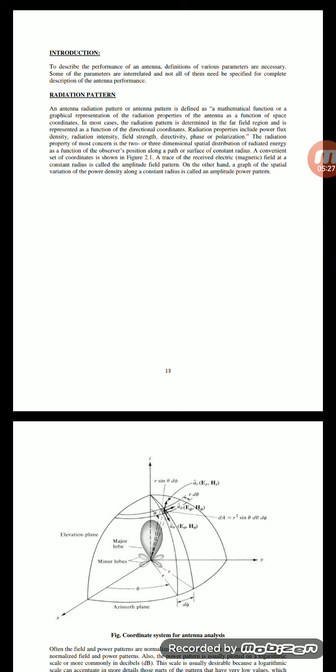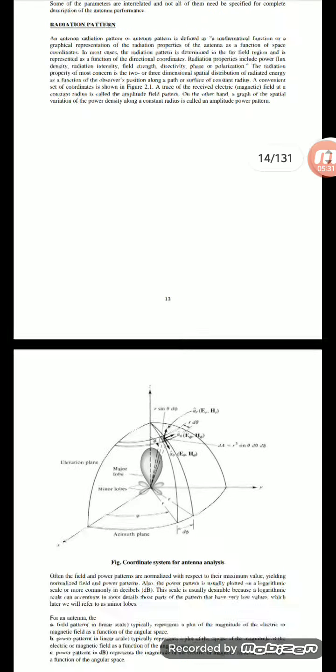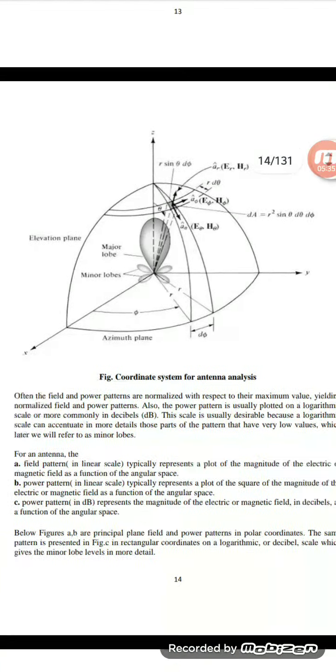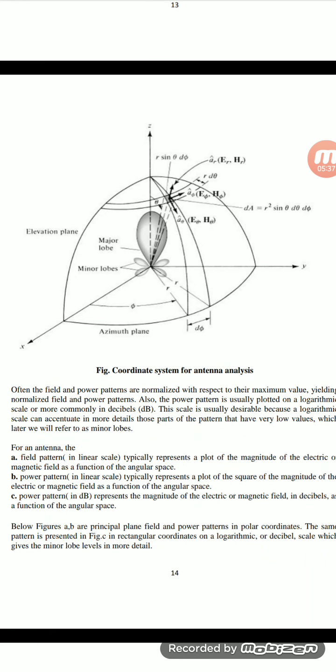Now radiation patterns. The entire radiation pattern has three axes: x, y and z. These axes define the azimuthal plane, with the major lobe, and the elevation plane, with the minor lobe.